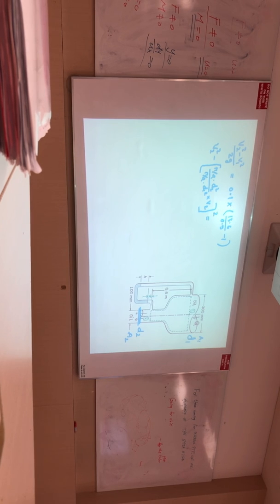Equivalent to 2GH, right? 2 times G, which is 9.8, times 0.1 times this value. Can you calculate? I get here 14.11. Check. 14.11.